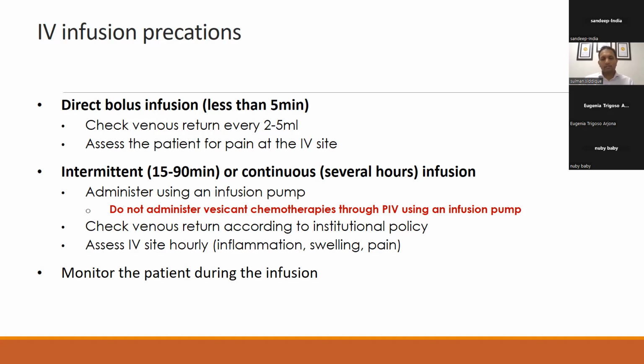The reason is because if the line is not in the vein, then with an infusion pump there's a risk of the drug going into the surrounding tissues. So check venous return according to institutional policy. Assess the IV site hourly for inflammation, swelling, and pain. So even when you're giving IV infusion through a central line, that is true for that case as well. Monitor the patient during the infusion.